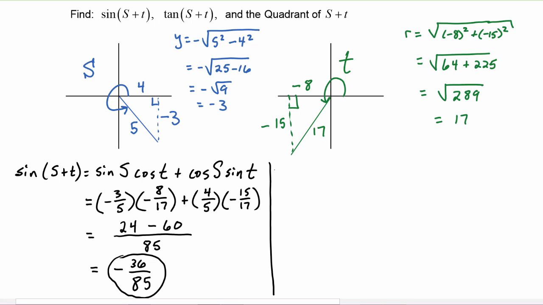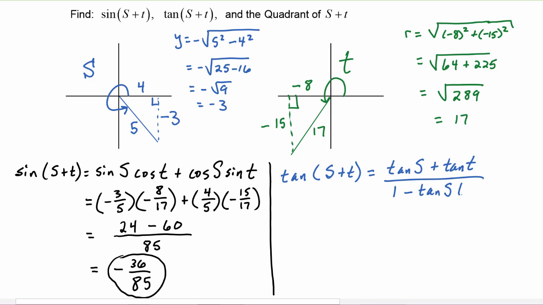Next, we have to find the tangent of s plus t. Let's write the identity down first. We know it's going to be tangent of s plus tangent of t divided by 1 minus the tangent of s times the tangent of t.